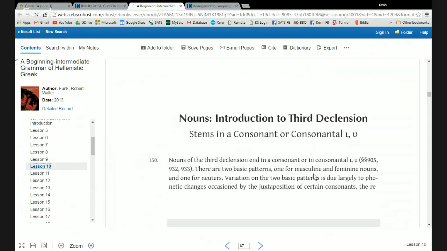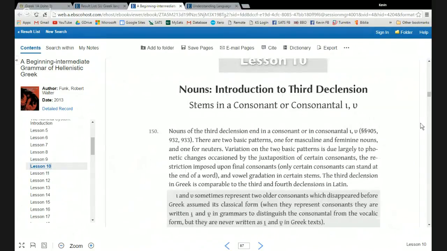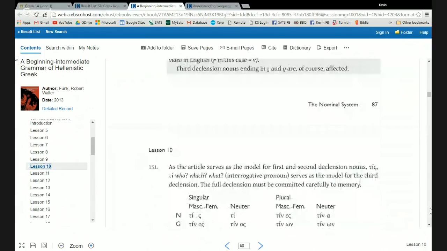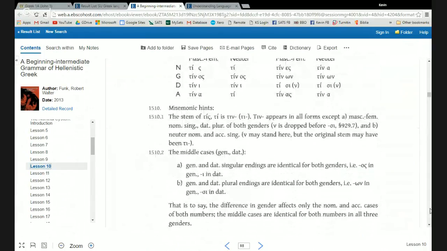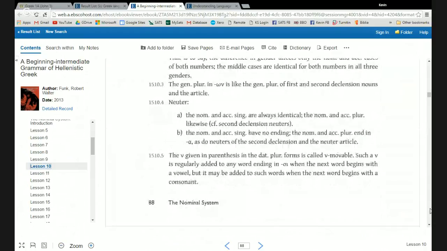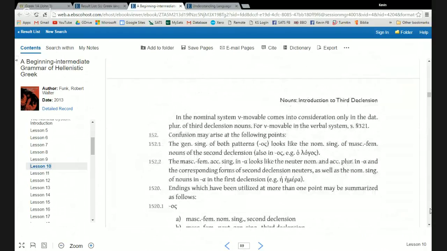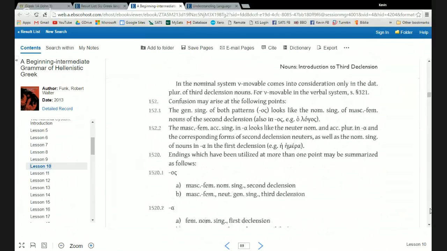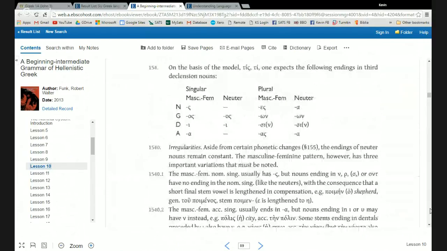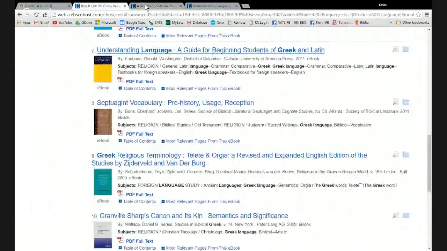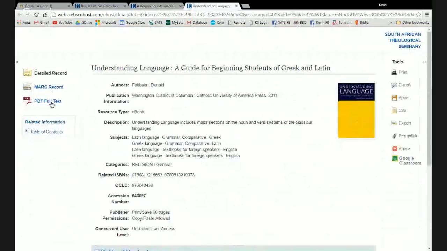So if we go into this, we will have a discussion of third declension nouns, and it is in a fair amount more detail on some of the technical points than you're going to get in Mounce's beginning grammar. Okay, so I think he has about 4 chapters on the third declension, for instance. So a nifty resource to have available, and I commend it to you not only for the Greek courses but also for others.